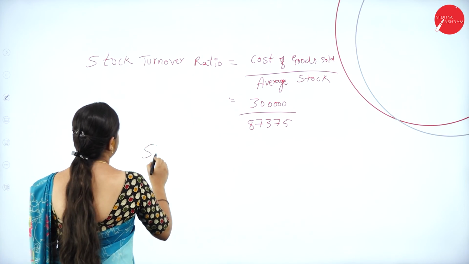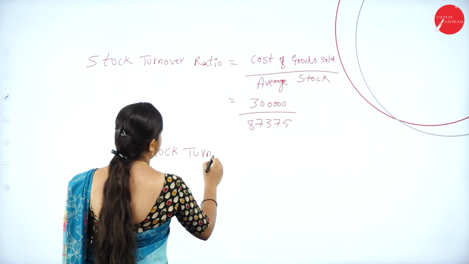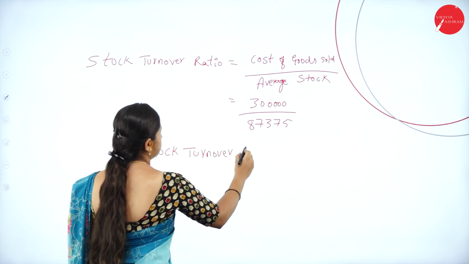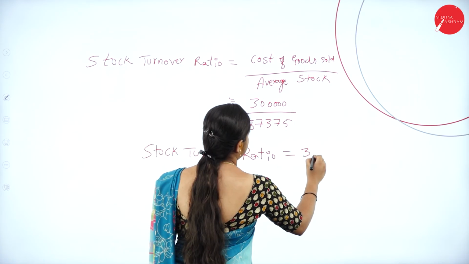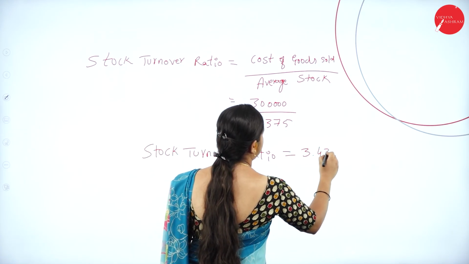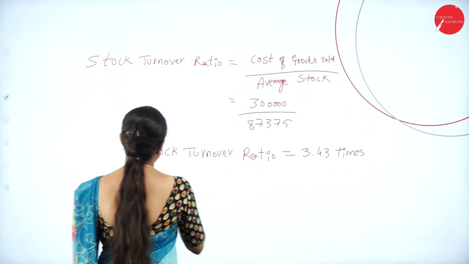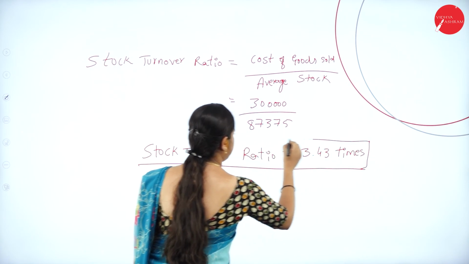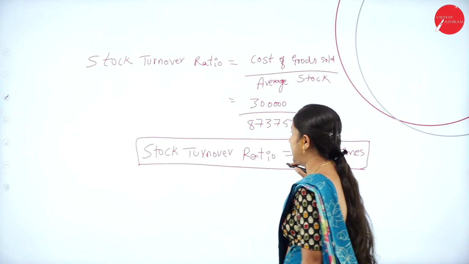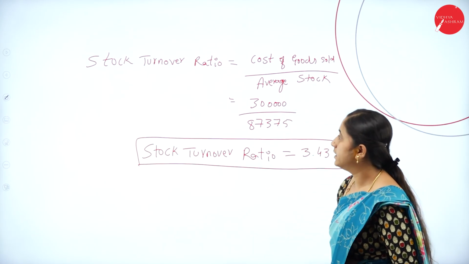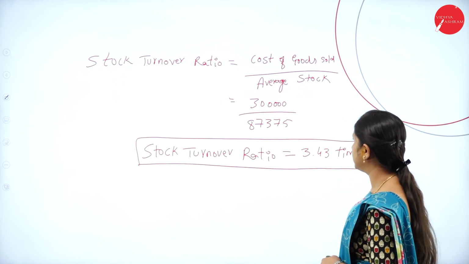Stock turnover ratio is equals to 3.43 times. So, in a year, your stock is turned over 3.43 times. That means your stock turnover ratio is 3.43 times.